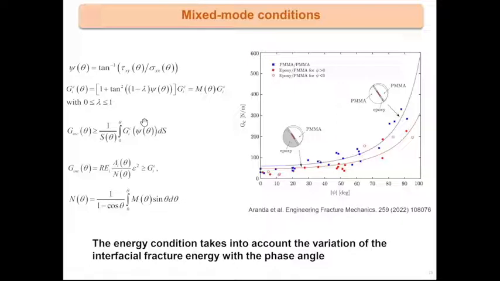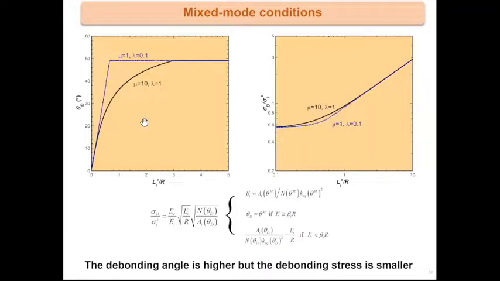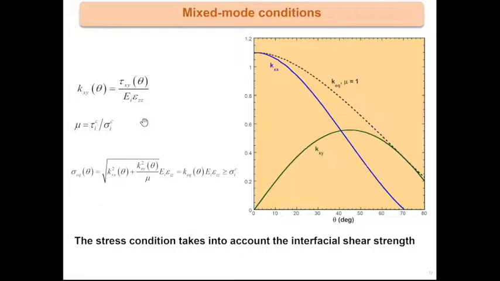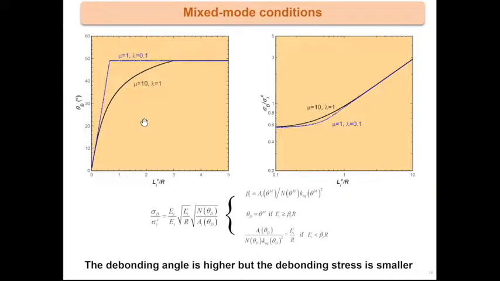And so finally, coming back to our debonding problem, here mu, if you remember, is the ratio of the strengths. If you have a high value of mu, you can ignore mode mixity, and with a low value of mu, you take mixity into account. Lambda is a parameter of the law.